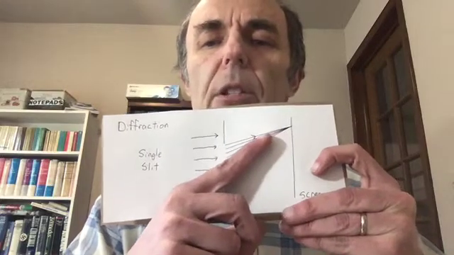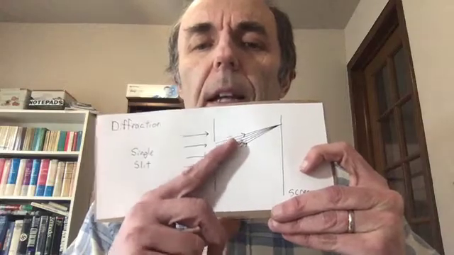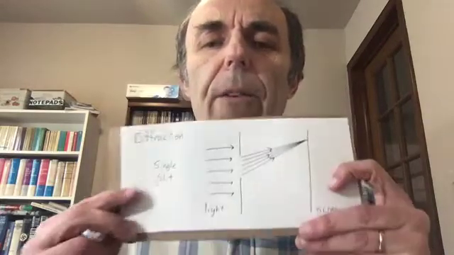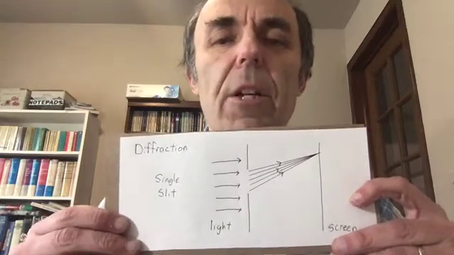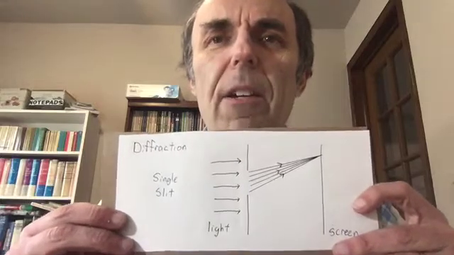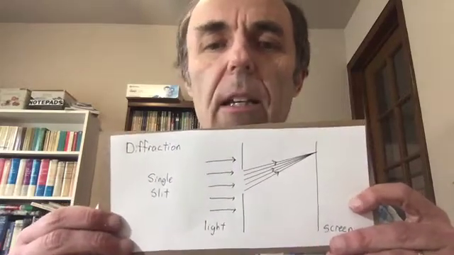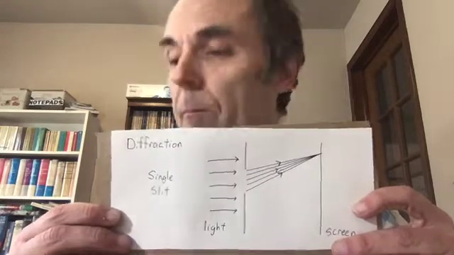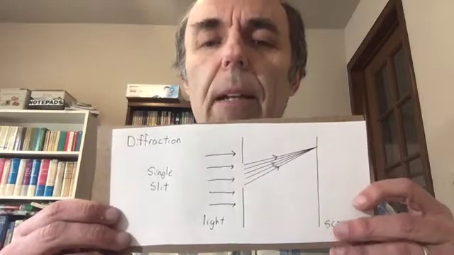So you get not just two rays, but many rays from each point in the opening, and they all add up, and they all can interfere with each other. And that total result is what's called diffraction, the diffraction pattern. So we aren't going to be able to calculate the diffraction pattern. It's rather mathematical for this class. I suggest taking an undergraduate optics class for that. However, I want to talk a little bit qualitatively about what that diffraction pattern looks like.